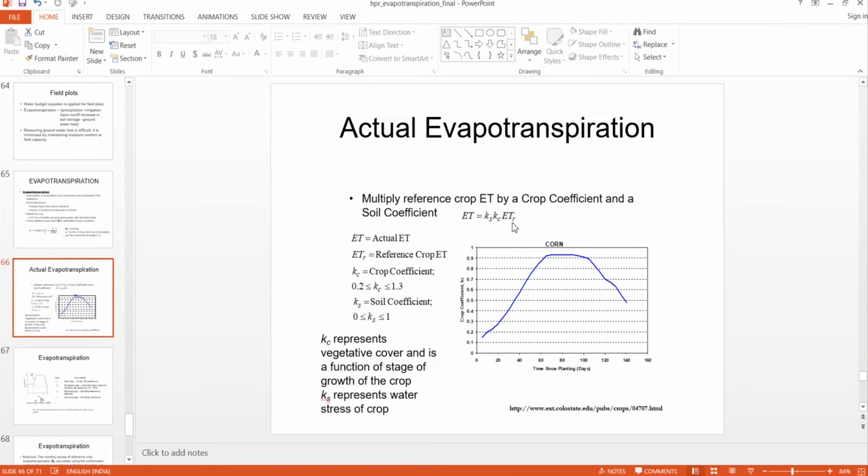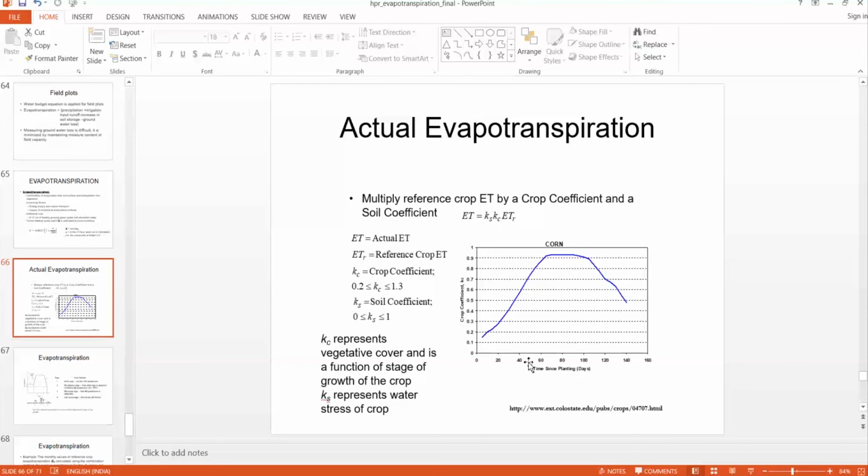So KC is a function of the growth of the plant, whereas KS represents the soil water conditions. Suppose the water is maintained at field capacity, then KS is equal to 1. Suppose water is maintained at permanent wilting point, the KS value is close to 0. So using these ETR, KC and KS values, we can calculate actual transpiration for any crop.